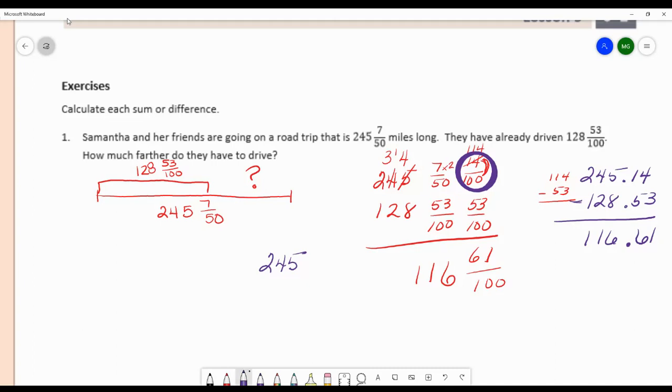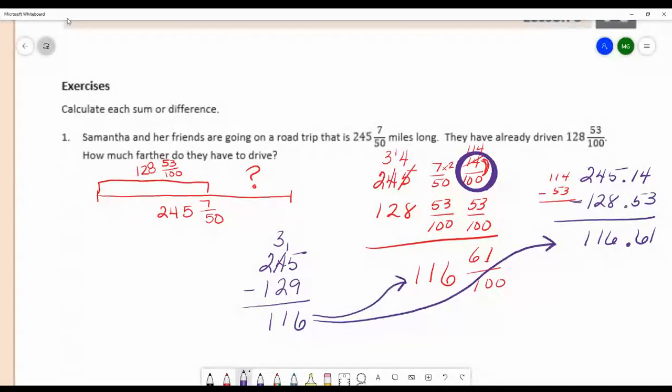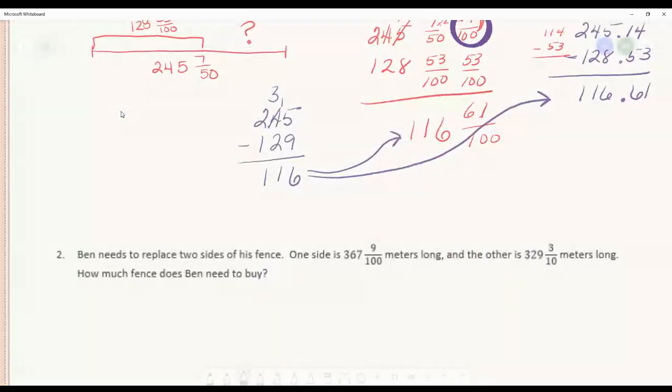Do you see how this 53 is more than halfway to 100? We have to round it up. So that is going to be 129. And when we subtract this, we would get 116, which is very close to the answers we already got. Okay, so you need to be able to say, oh, that's way off, or oh, I did a really good job on that. You need to be able to see if you're close.